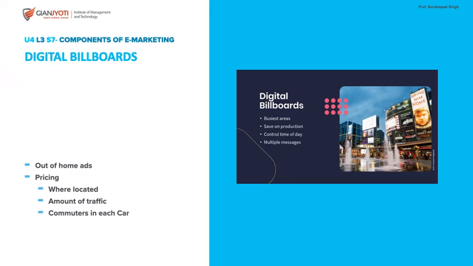So the production cost is less in this case, and you can control the time of the day when you want these ads to be displayed on the digital billboards. And you can have multiple messages which keep on changing during the same slot.